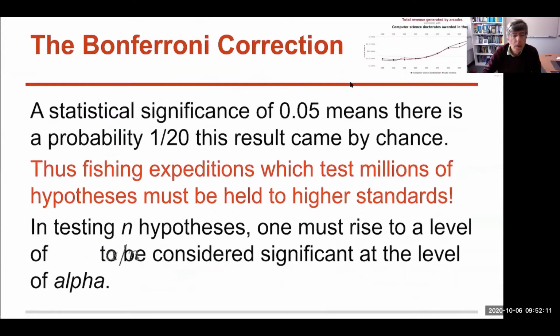There was a very interesting book I read, I'm not remembering the title, but this gentleman analyzed a lot of time series data and produced a sequence of amazing graphs showing correlations like this. The one in the corner is a plot as a function of time of the amount of revenue generated by video game arcades and the number of PhD degrees in computer science awarded.